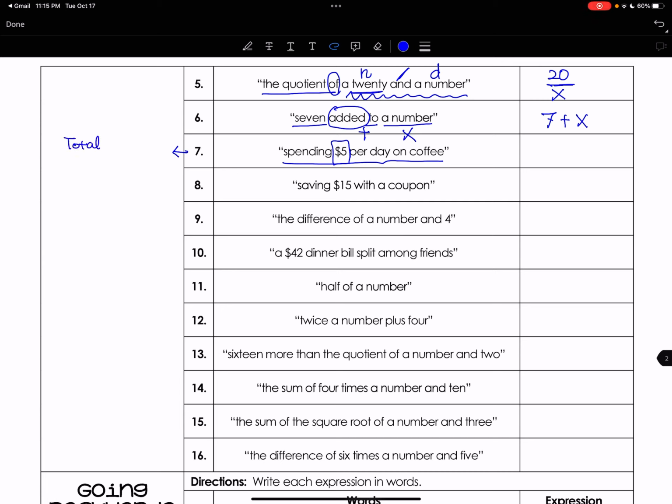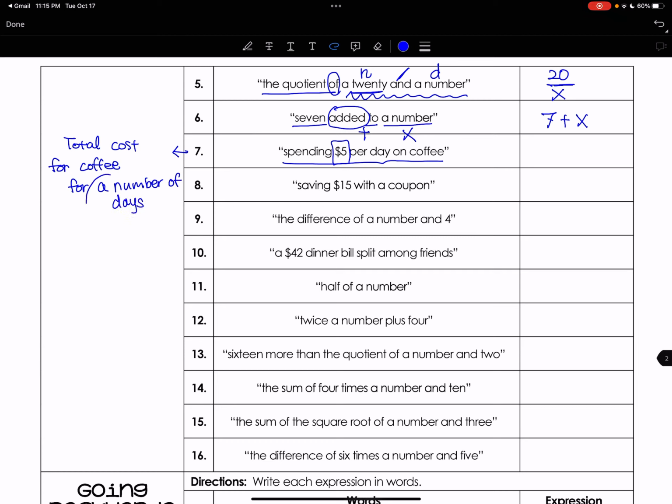Total cost for coffee for a number of days.